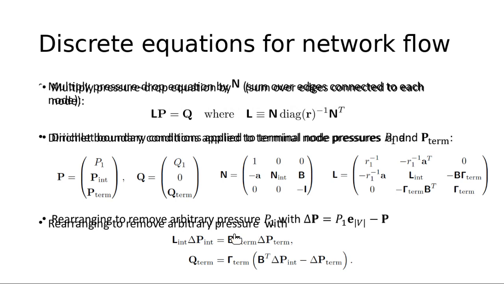And then you can solve your system for the internal pressure drops, so the internal pressure relative to the pressure of the mouth, and the terminal flux going into the alveolar region, and that's all these two equations.